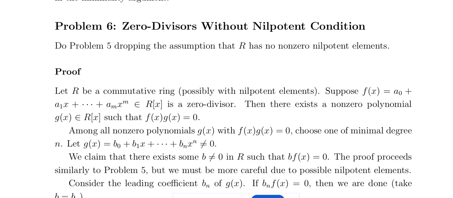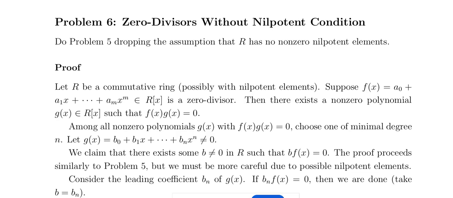And for a zero divisor, if there is some non-zero element in R, multiplying it with the coefficients gives 0. Okay, that is the definition of a zero divisor in polynomial rings. The general definition is that the product of two non-zero elements gives 0. That definition also exists in polynomial rings.